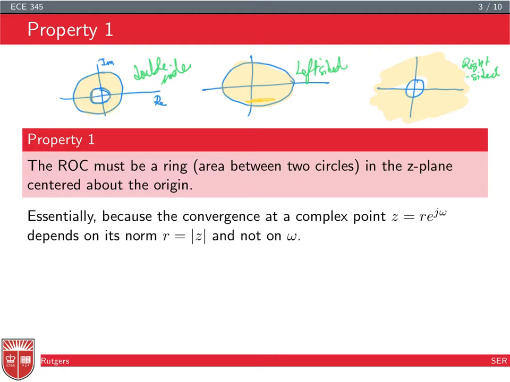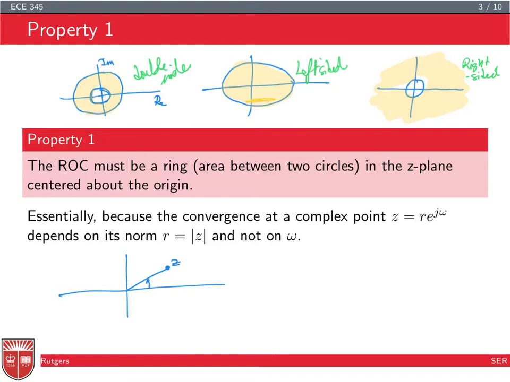I will not prove it, but you can find the proof in the book. But mainly, what it's saying is that for any point Z in the complex plane, you can represent it by polar coordinates.